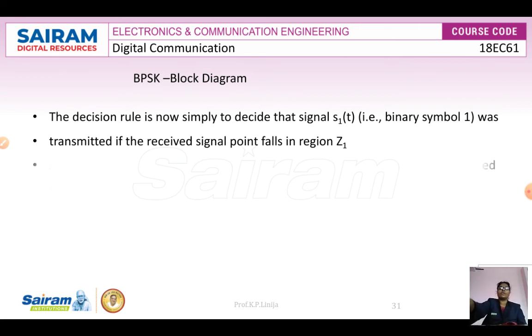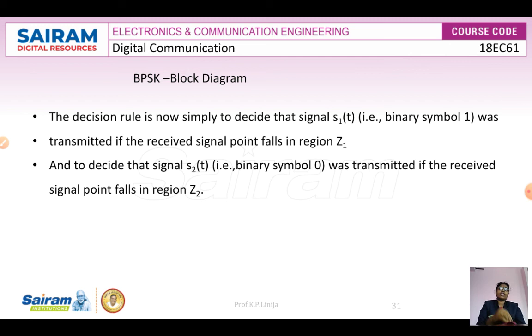Accordingly, we do the process. Also we can decide that S2 of t, the signal for binary symbol 0, was transmitted if the received signal point falls in region Z2. In this way we generate a binary phase shift keying signal, and we can detect the signal using the decision rule, determining whether binary symbol 1 or binary symbol 0 was transmitted.